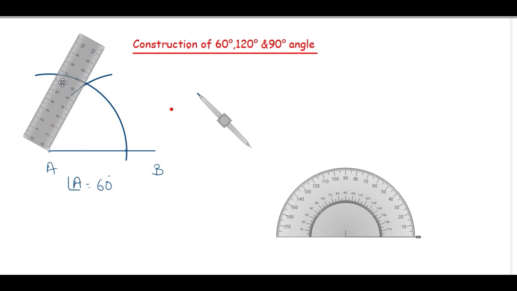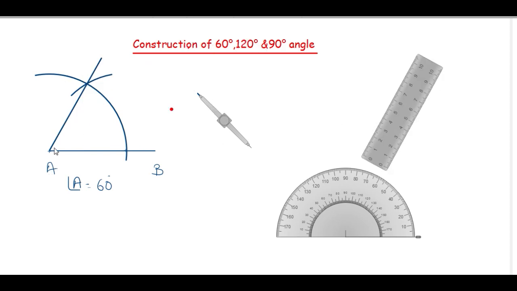As you can see here, we have to set our scale. We need not measure this, we just have to draw a line which passes through this intersecting point and meets point A. Now as you can see, the angle over here will be 60 degrees.